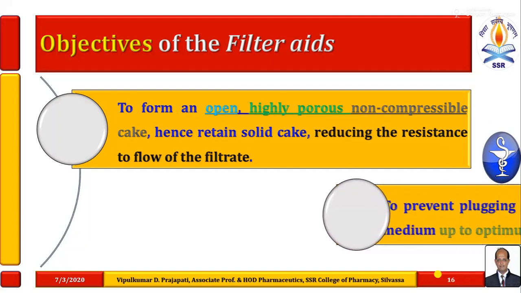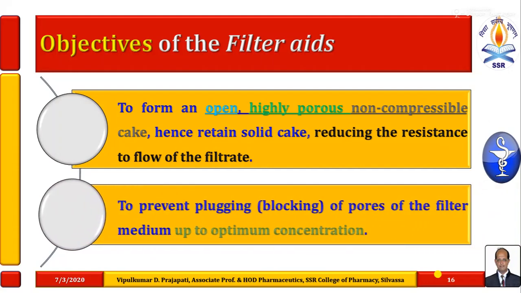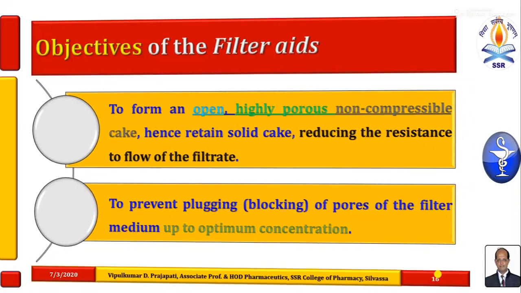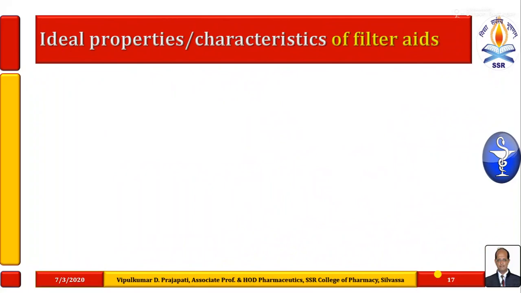The second objective of the filter aid is to prevent plugging or blocking of pores of the filter medium up to an optimum concentration. So optimum concentration is very essential for any kind of filter aid with respect to any type of slurry containing solids. What are the ideal properties or characteristics of filter aids?